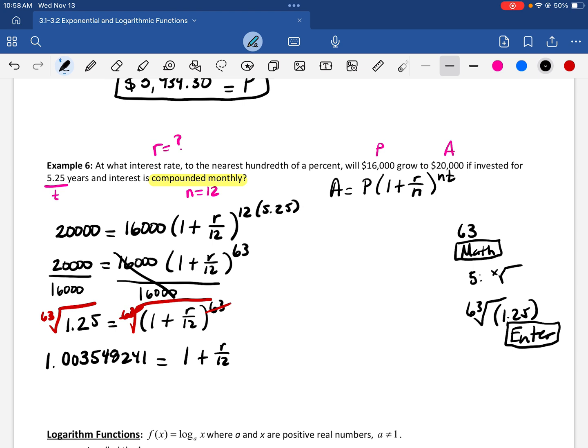Again, we're still trying to get that R by itself, so next I'm going to subtract that 1 from both sides. Notice how I'm not rounding until I get to my final answer. And then finally we want to get rid of that 12, so we're going to multiply.